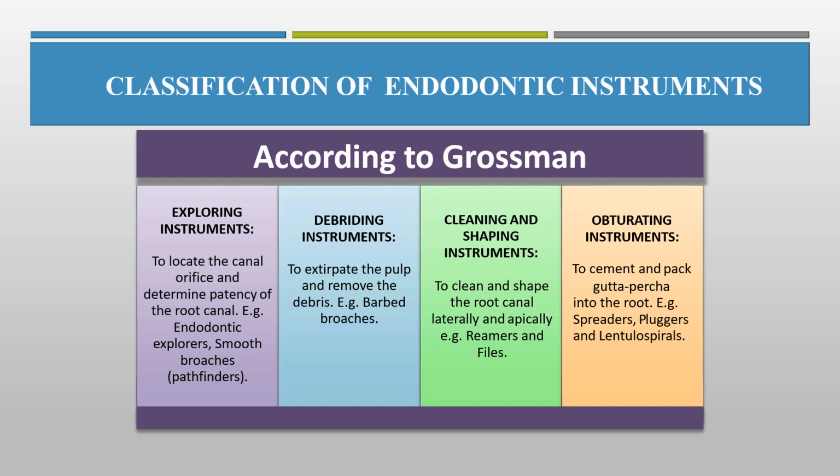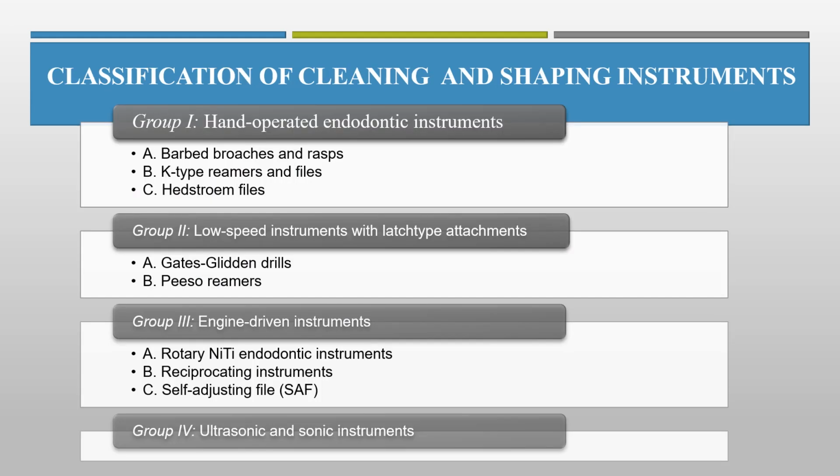The debriding instruments are the ones which are used to extirpate the pulp and remove the debris, like barbed broach. Next, cleaning and shaping instruments are required to clean and shape the root canals laterally and apically, like the reamers and files. Next, obturating instruments are the ones which are used to cement and pack gutta-percha into the root. Examples include spreaders, pluggers, and Lentulo spirals.